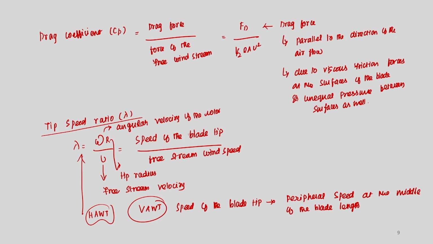So, what is solidity? Solidity is defined as gamma. Gamma is nothing but blade area upon swept frontal area. This is defined as Nc upon pi R. What is N? N is number of blades.